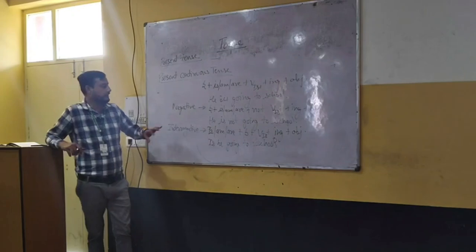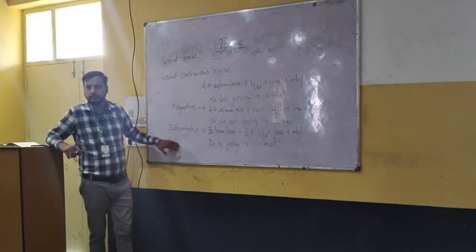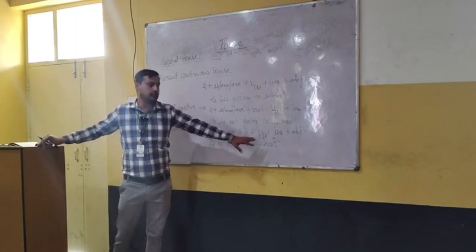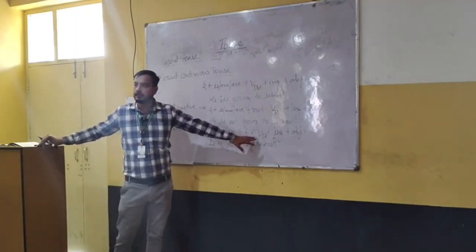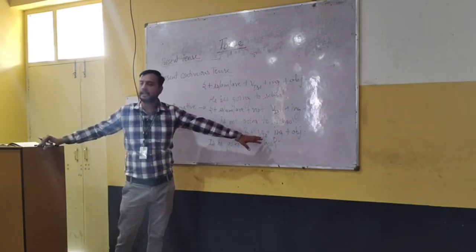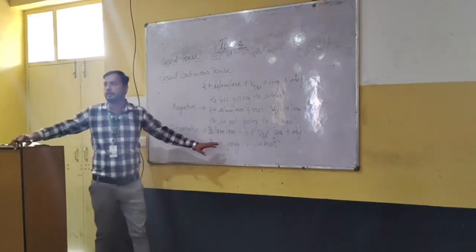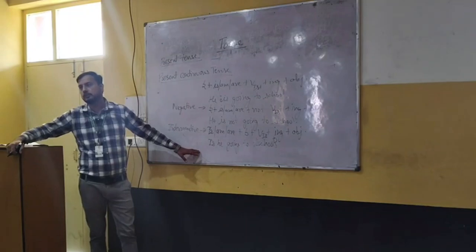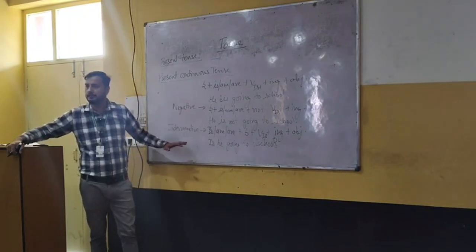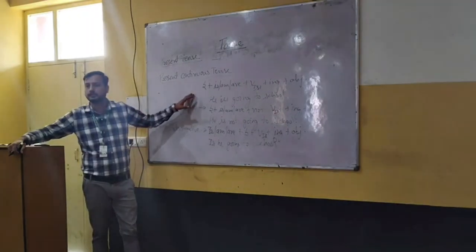And when you are going to make the interrogative plus negative, then you have to use is, am, are plus subject plus not plus verb's first form plus ing plus object. So what will we do? Is he not going to school? Clear? This is the present continuous tense.